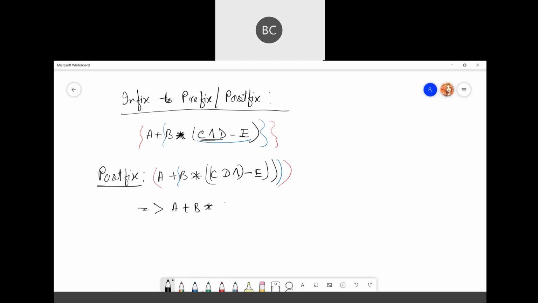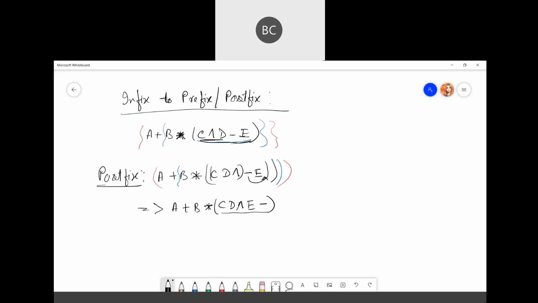Now your bracket portion will be finished. You bring the subtraction sign here, E minus. So C D exponential, then E, then minus. This part is done.